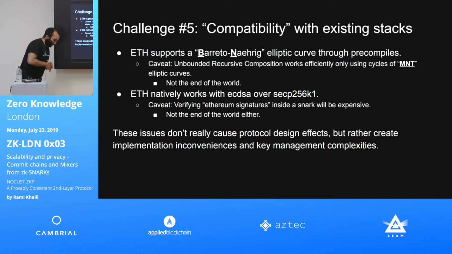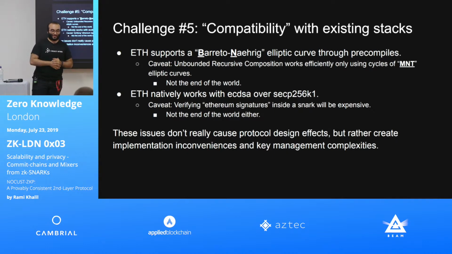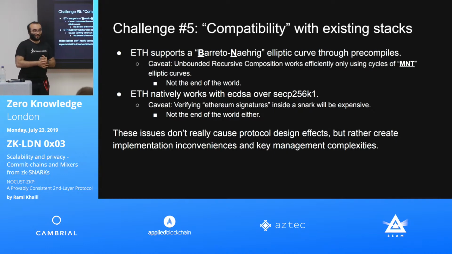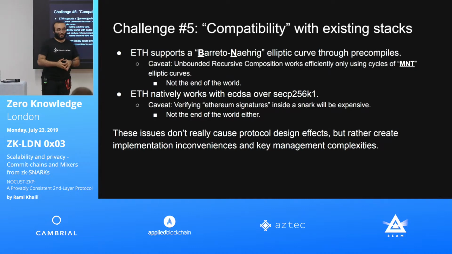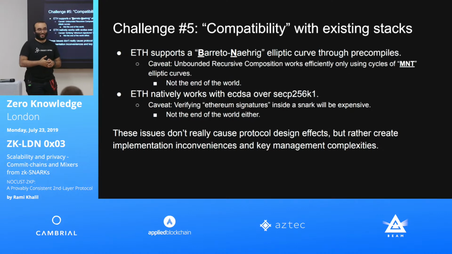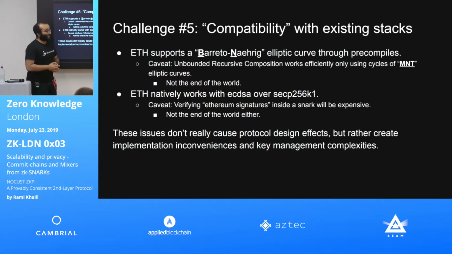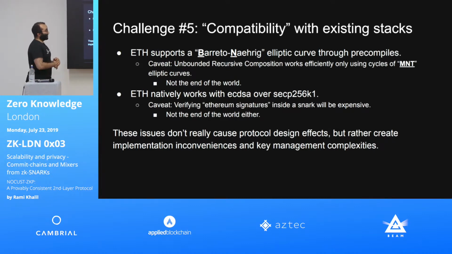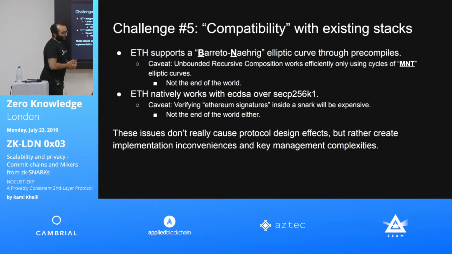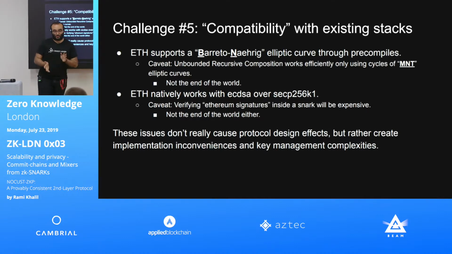Right, and when you try to actually bring all this stuff to production, when you try to push out a nice set of code for people to use, you run into compatibility issues where the precompiles or the natively supported operations by the blockchain are not there to let you do what you want. In our case, when we use unbounded recursive composition, we need to work with MNT elliptic curves.